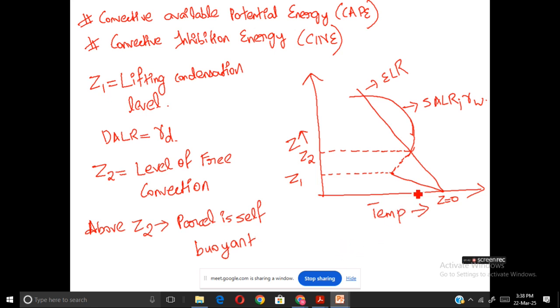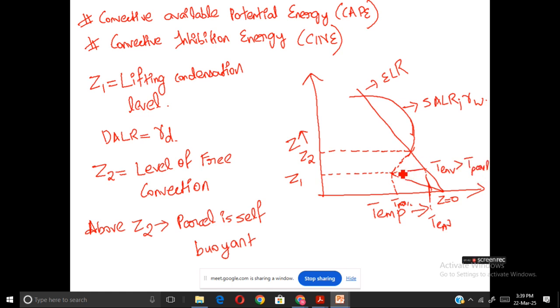We can also see this from the figure. If we look at LCL, this is the temperature of the parcel. And at the same level, this is the temperature of the environment, right? So at Z1, the temperature of the environment is greater than the temperature of the parcel.